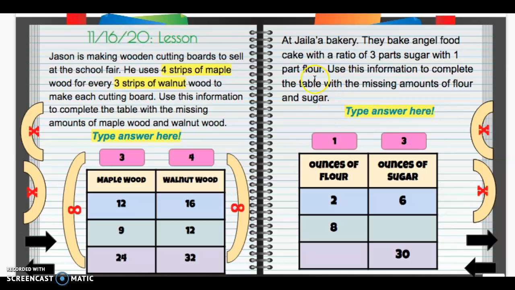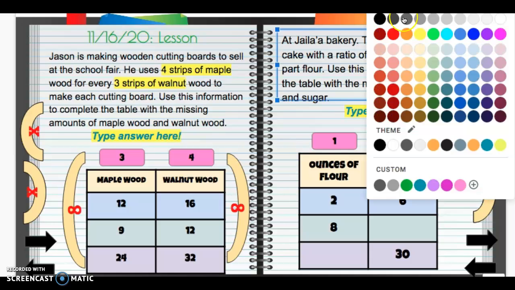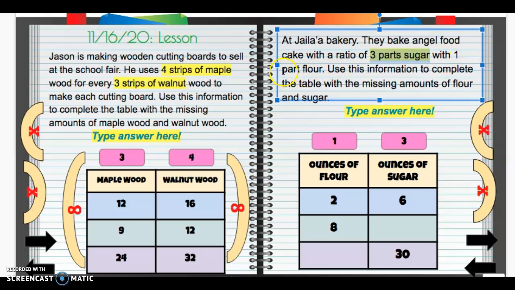Okay, so let's look at this one. At Jayla's Bakery, the Angel Food Cake has a ratio of 3 parts of sugar with 1 part flour. With 1 part flour and 3 parts sugar, you put your 3 above the sugar and the 1 above the flour.